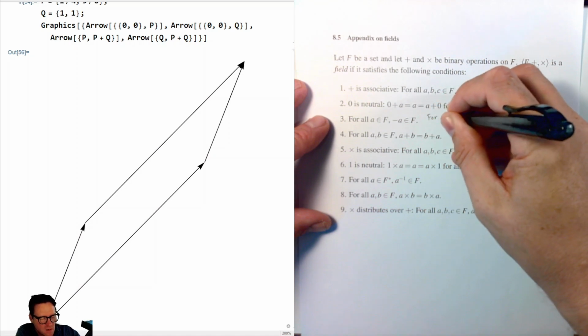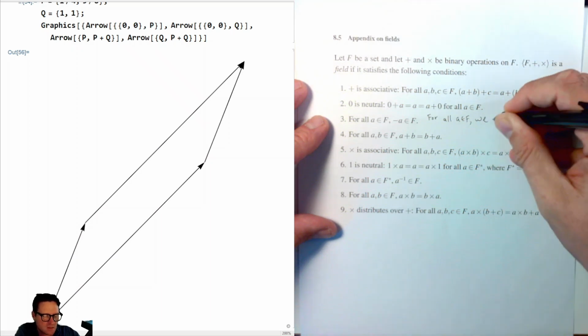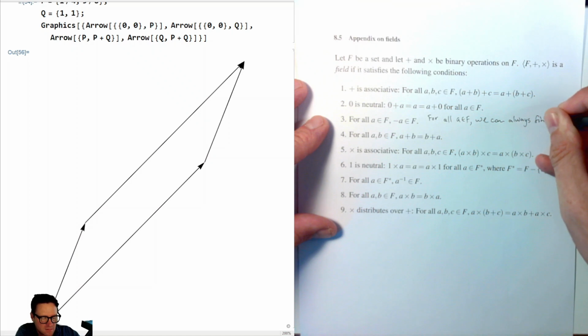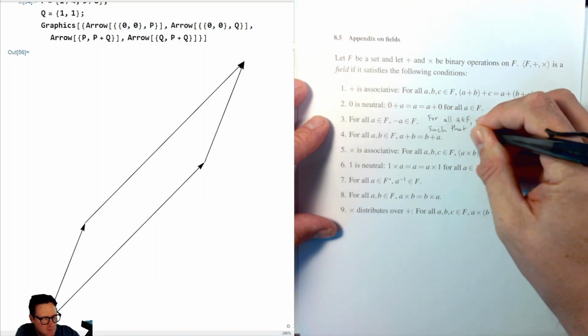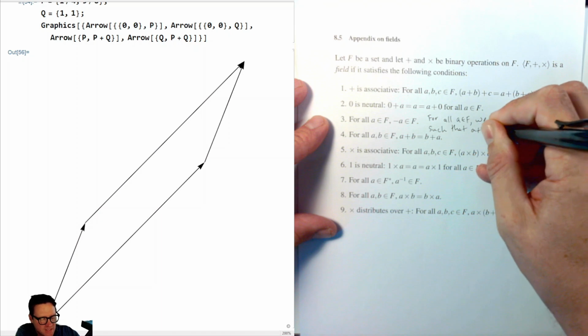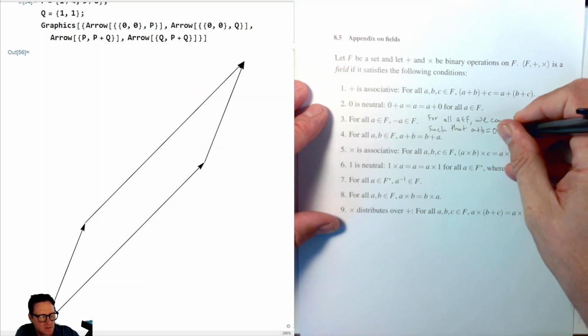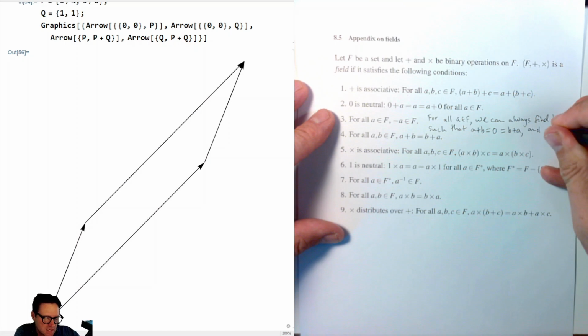For all a in F, we can always find b in F such that a plus b is our neutral element, in this case called 0, which is b plus a, and call b equal to minus a.